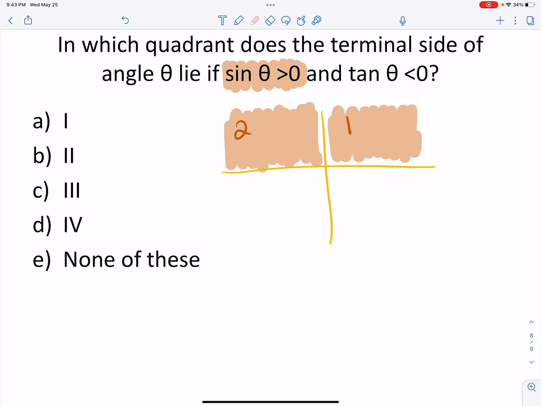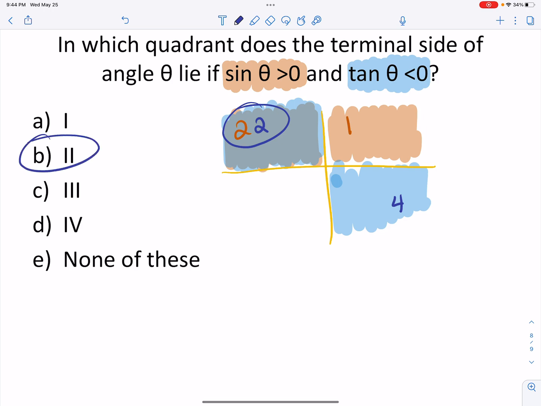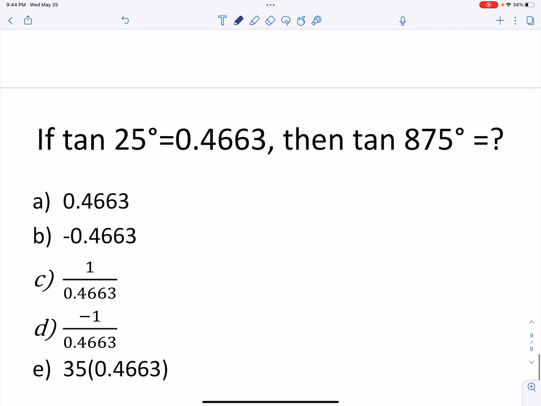Okay, and now the tangent of the angle is negative. So remember, the tangent is negative when the signs are different. So that would be in this quadrant and this quadrant, which is 2 or 4. So the answer to this question is quadrant 2. That's definitely on your final. Right, like that. I don't think it's a tricky question.